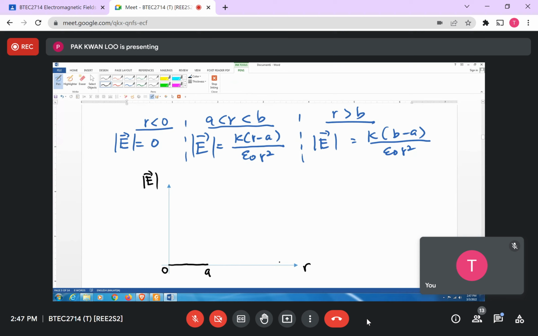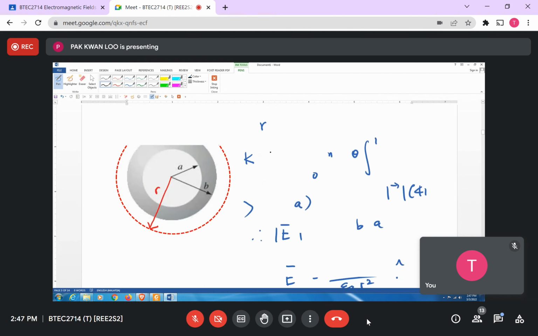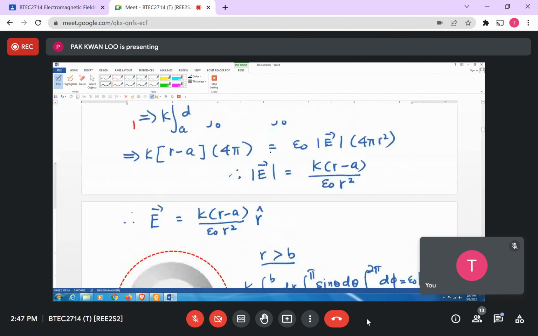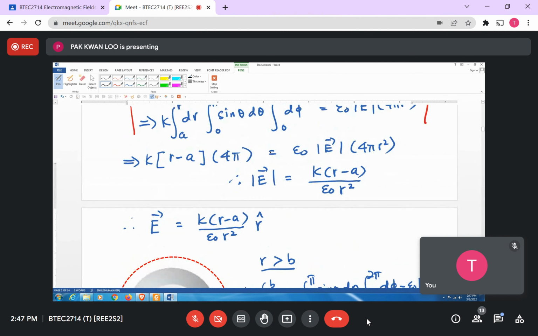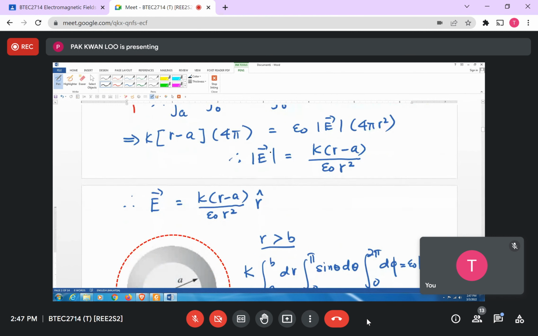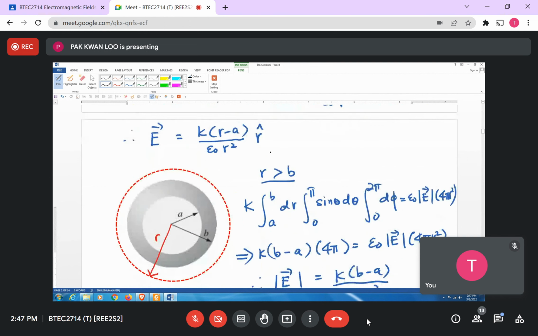So this is A. Sorry, this is R squared. Overall, it basically varies with 1 over r.